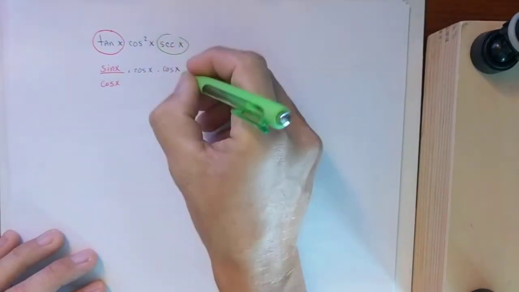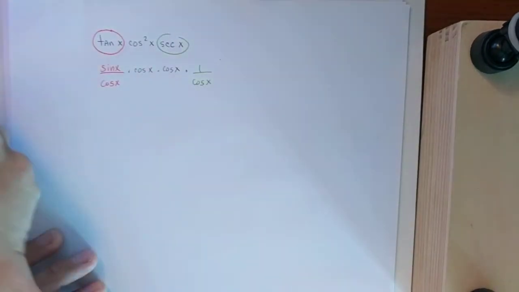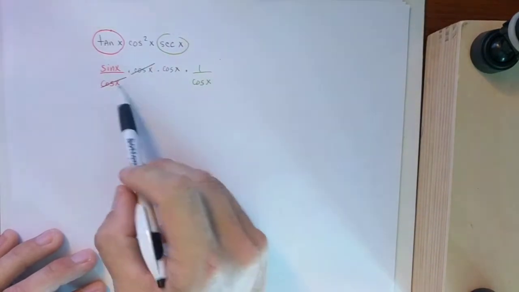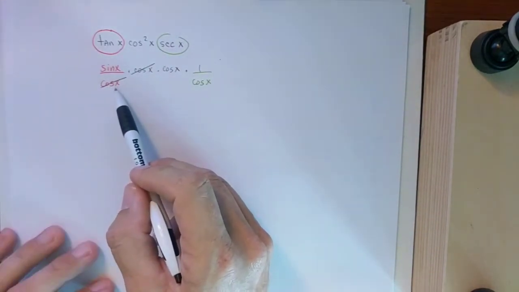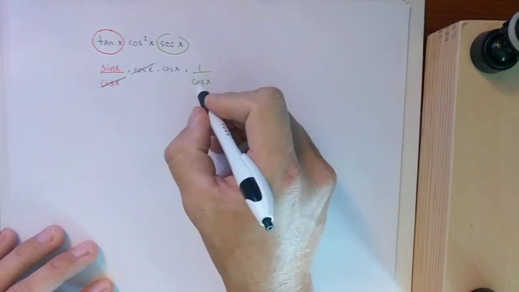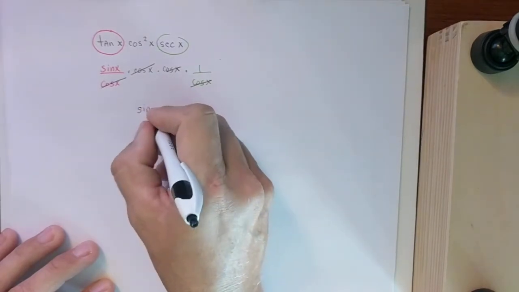Okay, and then the secant is the reciprocal of the cosine, so that's 1 divided by the cosine. Okay, and then we can see some things canceling out, right? So this and this go away. As long as cosine is not 0, this is well defined. So as long as we're not doing 0 divided by 0, we're good. Same thing here, right? So the only thing that's left over is the sine of x. So that's the simplified form of what's up here, simply sine of x.